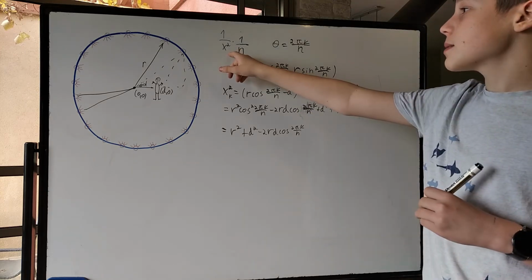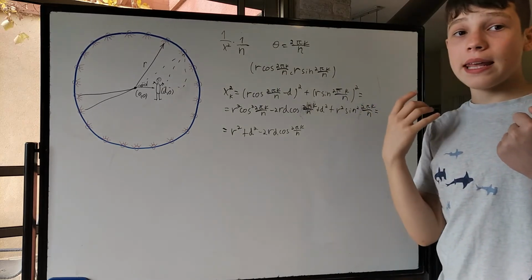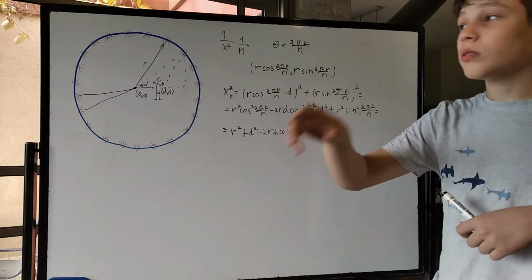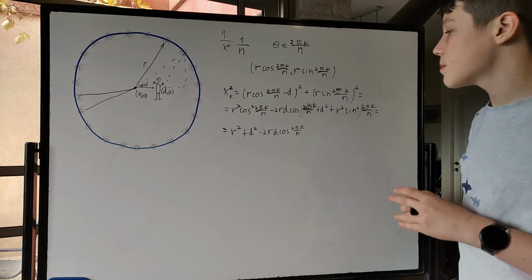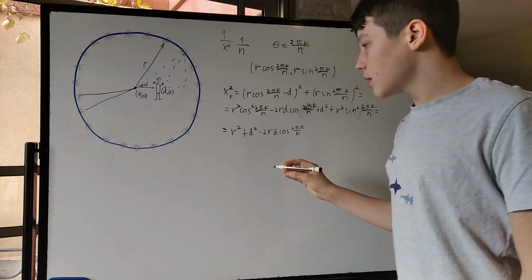Now we will use this to find the amount of light we're getting from the kth light bulb, and then we'll sum it over all the light bulbs.